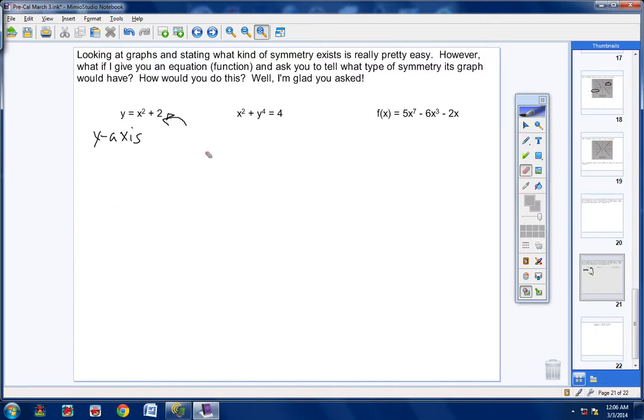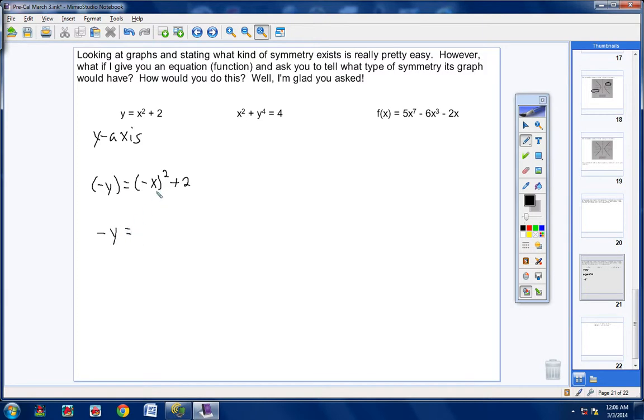Let's quickly check for origin symmetry. You do that by putting a negative y everywhere there's a y, and a negative x everywhere there's an x. Then you simplify, and hopefully you'll get what you started with. A negative y in parentheses is just negative y.